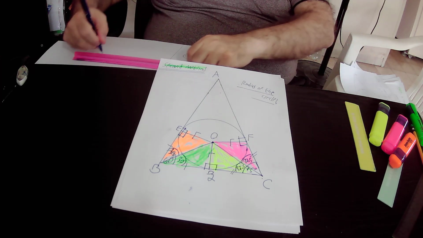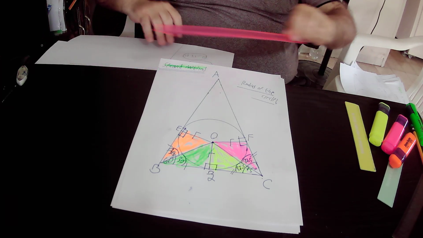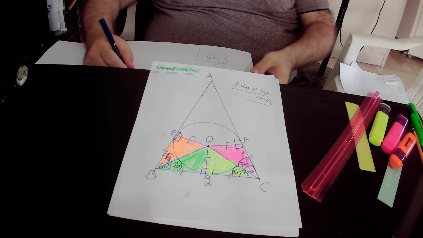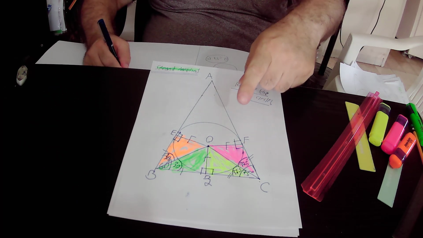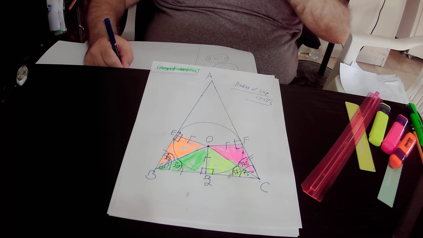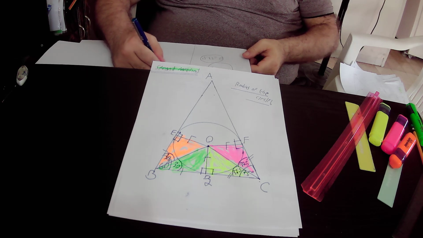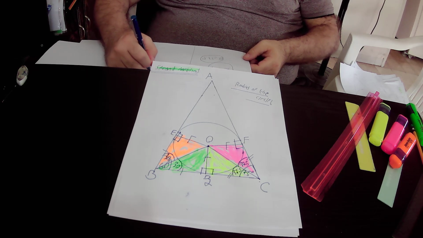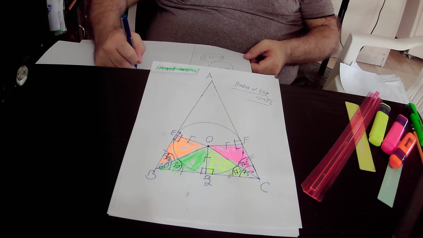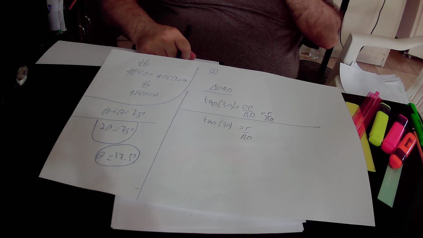I repeat again, in the green right triangle OBD, tangent 30 degrees equals OD over BD. But here OD equals R, the radius of the circle, over BD. So tangent 30 degrees equals R over BD.